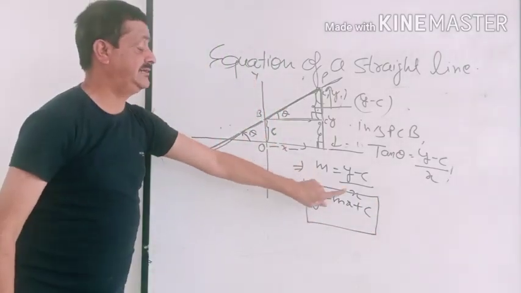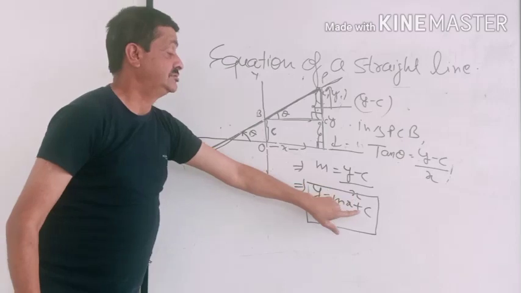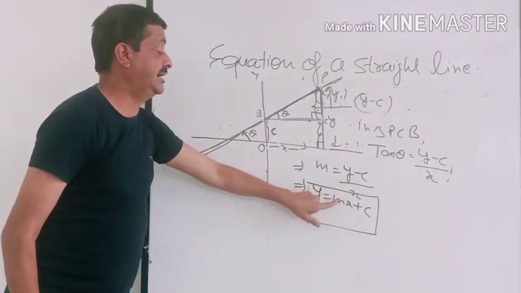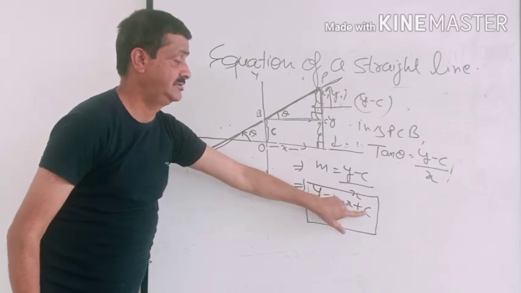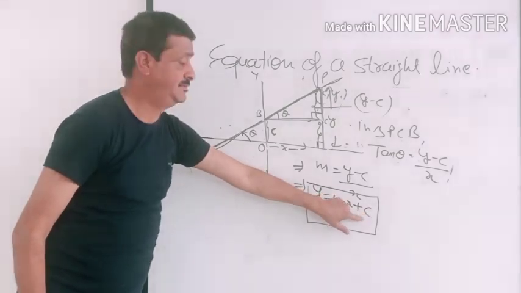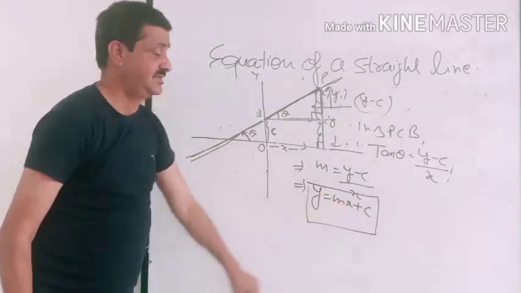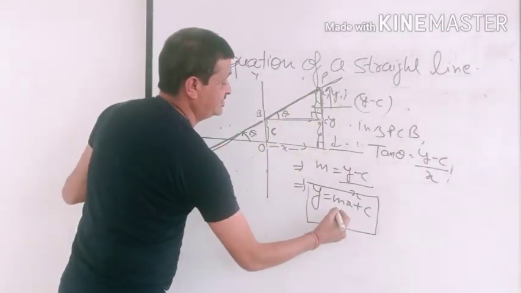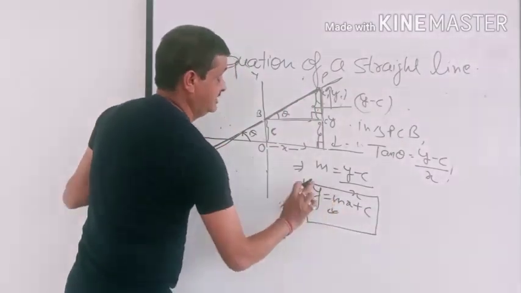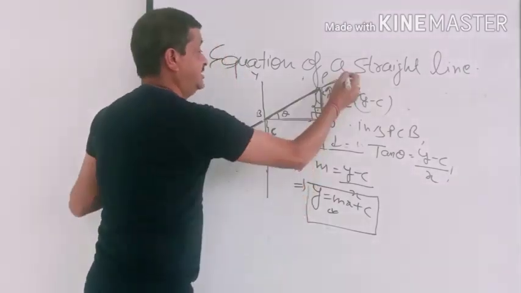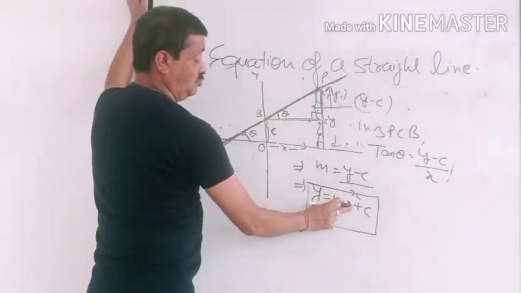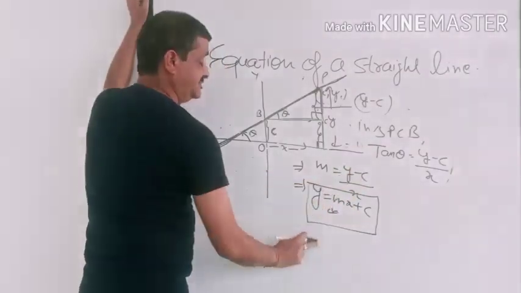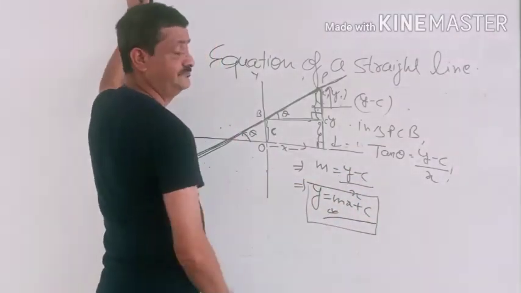The y coordinate is m times the x coordinate, with the addition of c here. So this is the relation between y and x. Meaning to say that in this line, every y coordinate will be m times the x coordinate plus c.